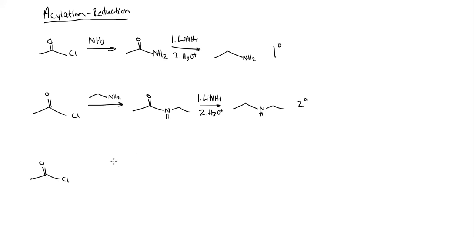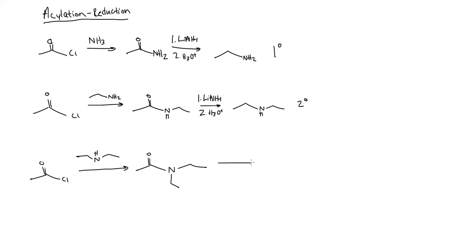And then finally, we can also make a 3-degree amine as well. So if I use a secondary amine to attack this, so let's say we use something like this secondary amine, then I'm going to get this amide.